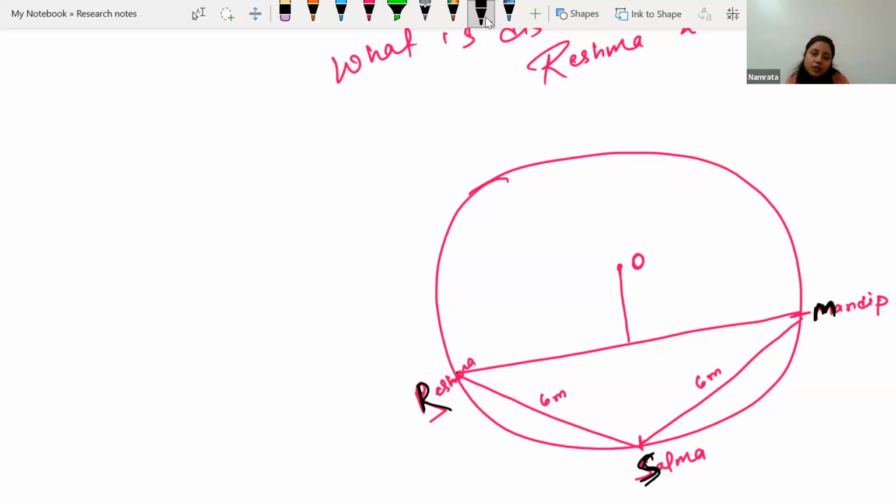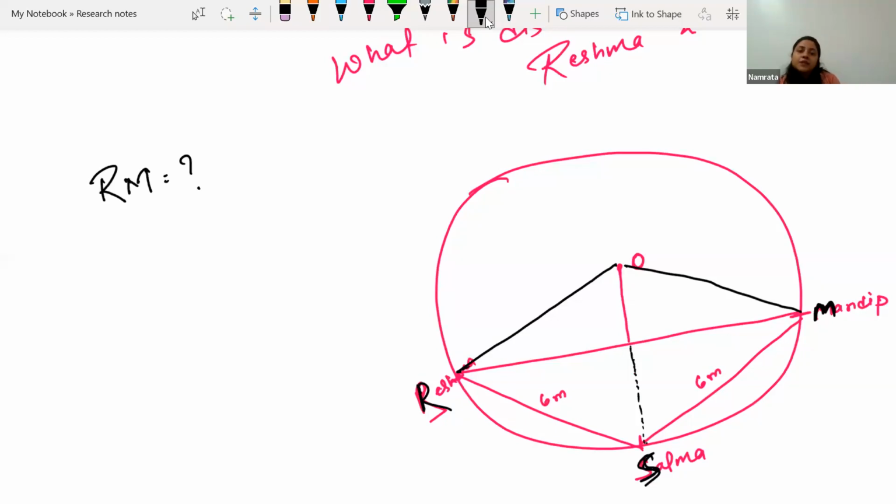Now if we join like this and like this, I am doing one construction here. Let's see whether this construction will work. We have to find the distance between Reshma and Mandeep, RM. How will we find RM? Just a moment.